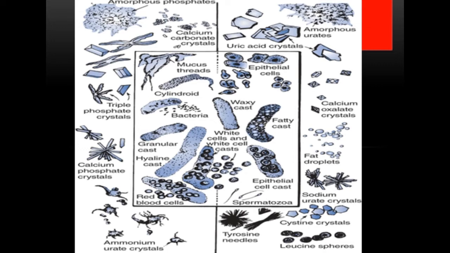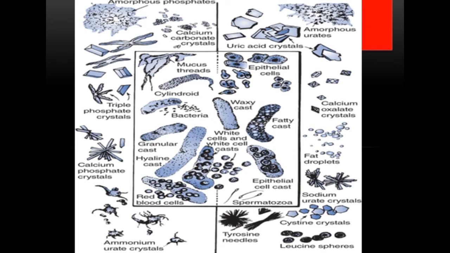Then we have amorphous urate, uric acid crystals, calcium oxalate crystals, fat droplets, sodium crystals, cysteine crystals, and in case of pathological conditions we have leucine spheres and tyrosine needles. We have leucine, tyrosine, and fat droplets.